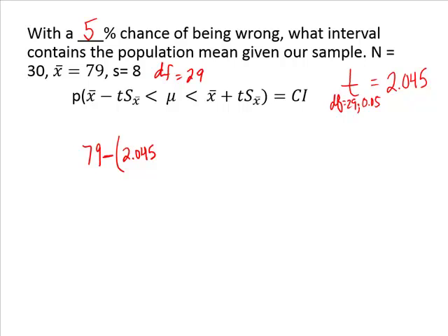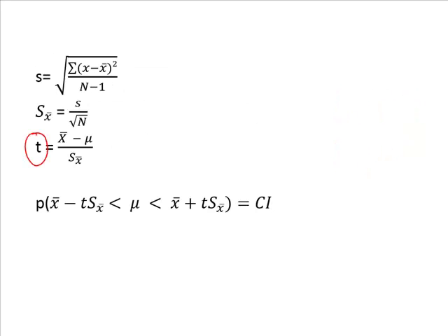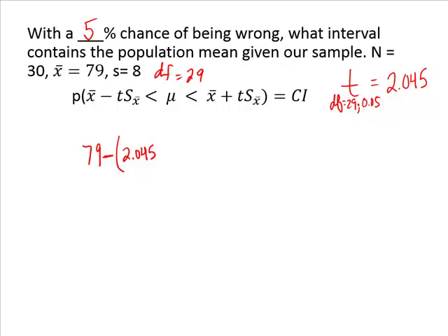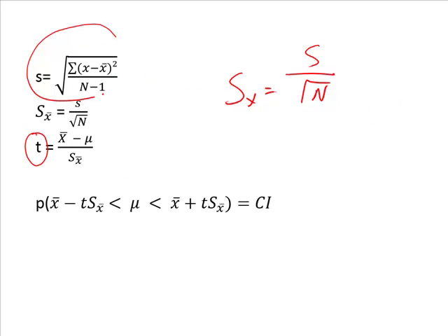I'll give you a hint. It starts with S. That's the standard error. How do I compute the standard error? Well, standard error is S over the square root of n. But what is S? Oh, geesh. Yeah, they gave it to me. Thank you. I didn't have to do this thing.